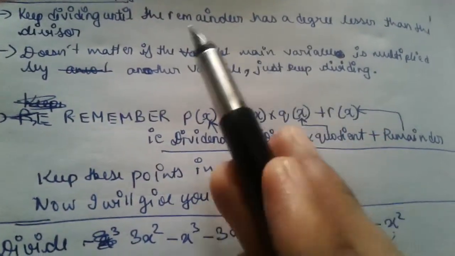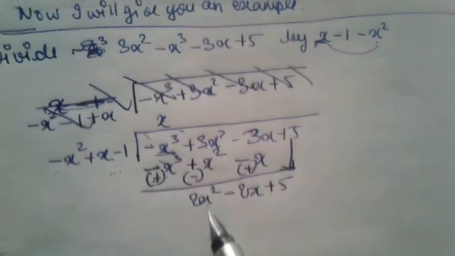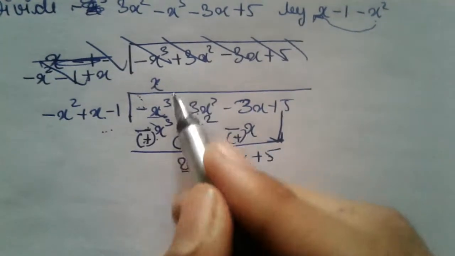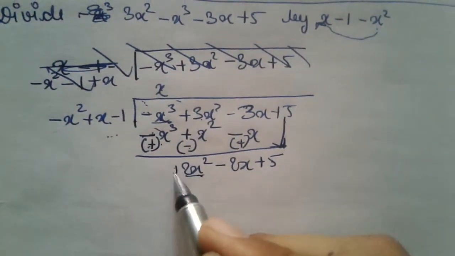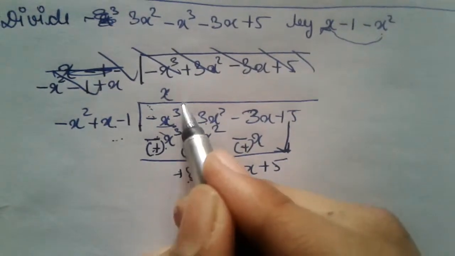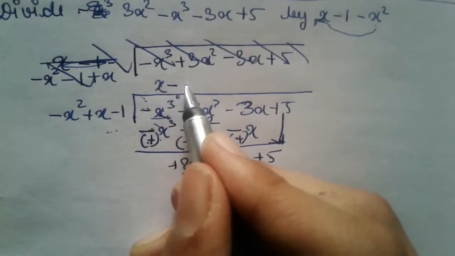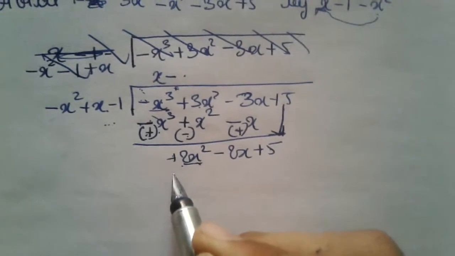As I mentioned above, keep dividing until the remainder has a degree lesser than the divisor. So keep dividing. Again our main objective is to take out this so that it's not repeated again. So now it's plus 2x square, therefore you have to use a minus sign over here along with some variable so that plus comes over here.